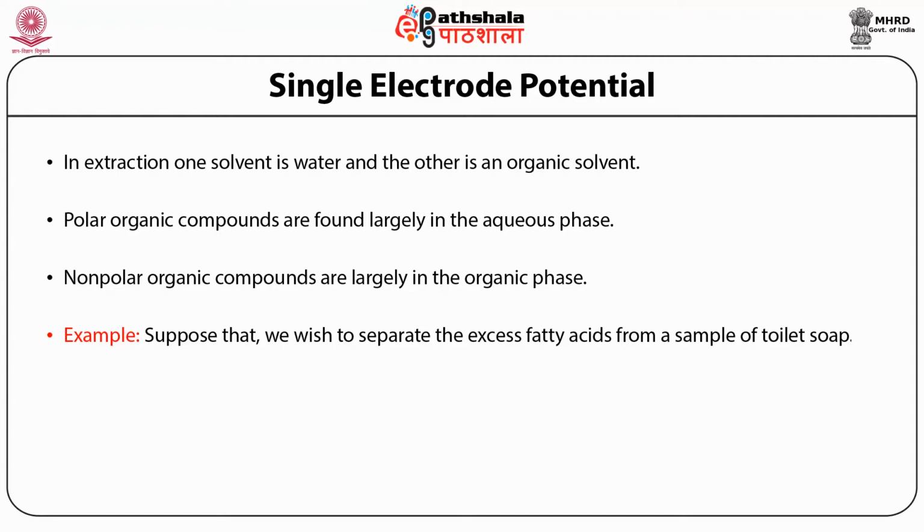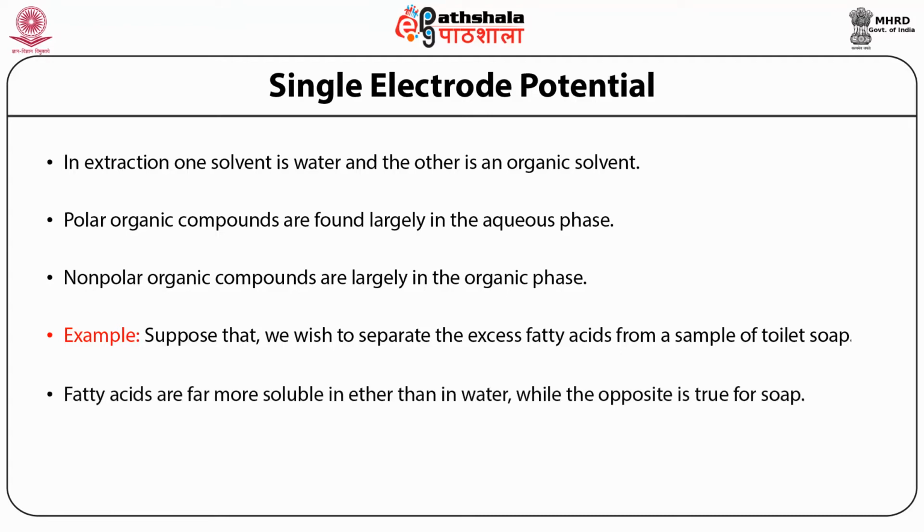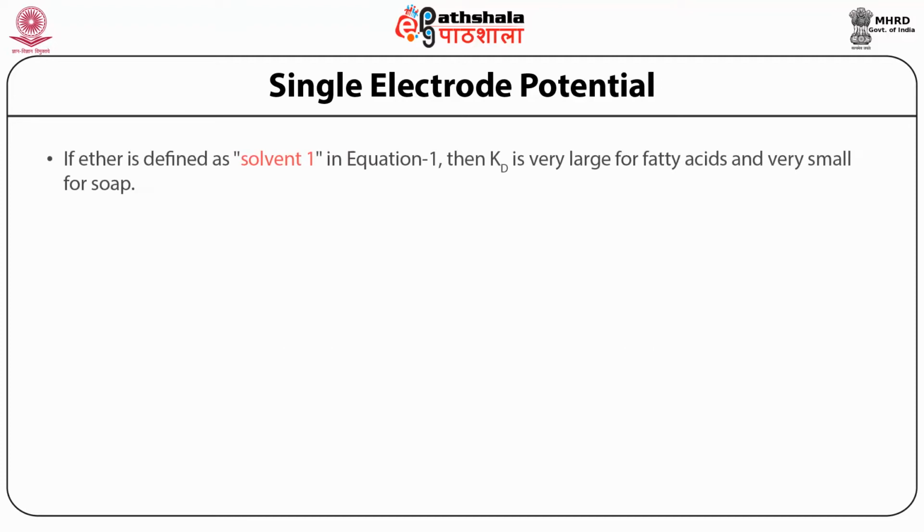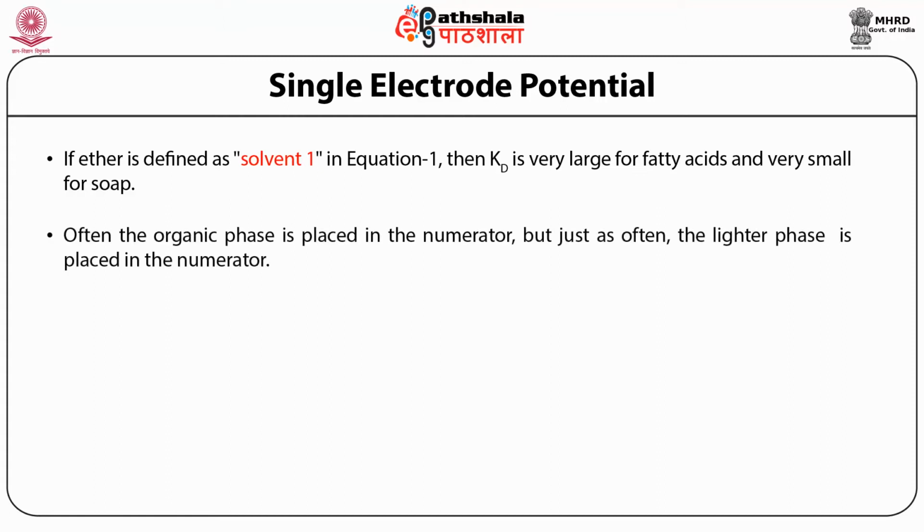A pair of solvents such as ether and water are effective because fatty acids are far more soluble in ether than in water, while the opposite is true for soap. If ether is defined as solvent 1 in equation 1, then Kd is very large for fatty acids and very small for soap.